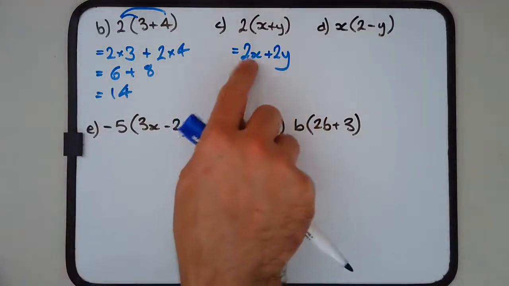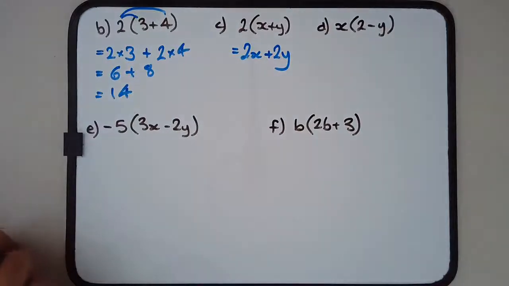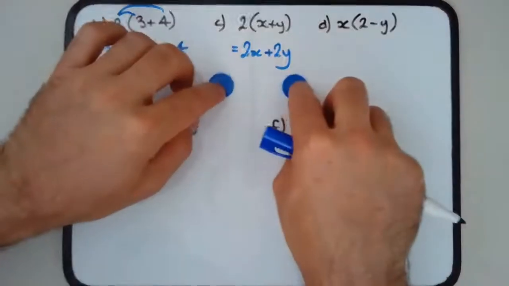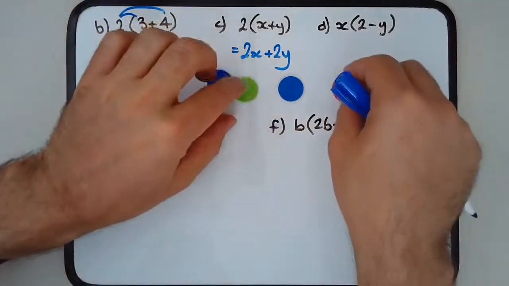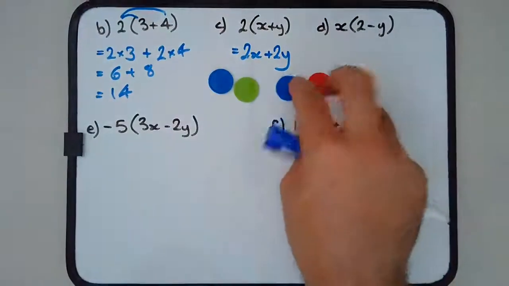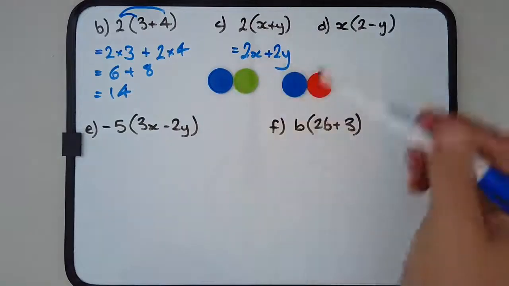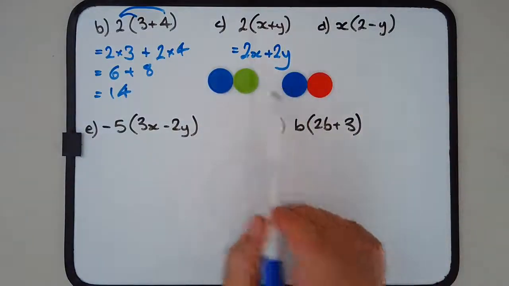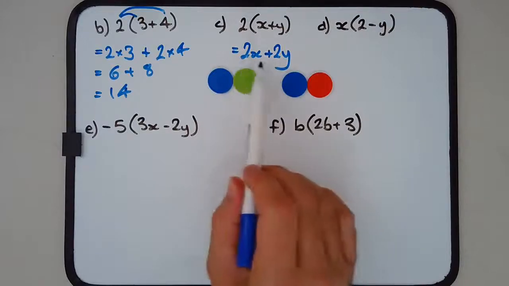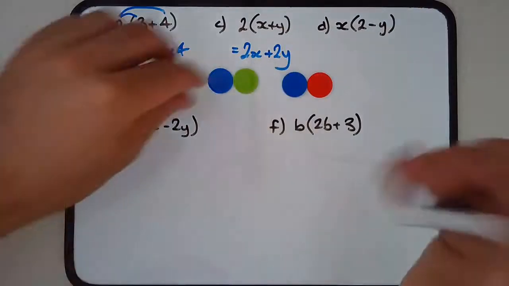It's in front of the x and it's also in front of the y as well. So you can think of it as the blue counter in front of the green counter, which could represent the x. The red counter could represent the y. But notice that each one of these has a blue counter in common, so that's like the number 2 here. It's the same symbol, the same number that's in common with both.